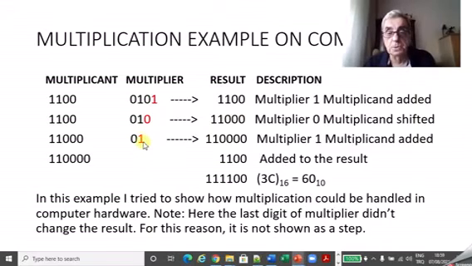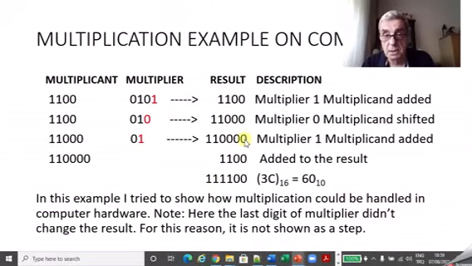Then we come to the multiplier digit binary 1. We add this content to the result, and we get this data.